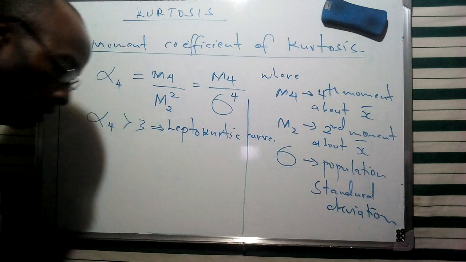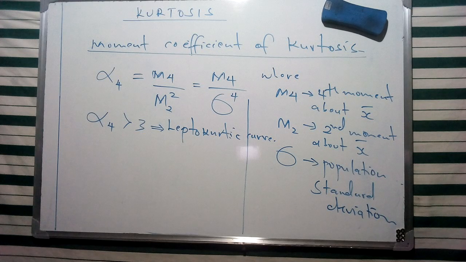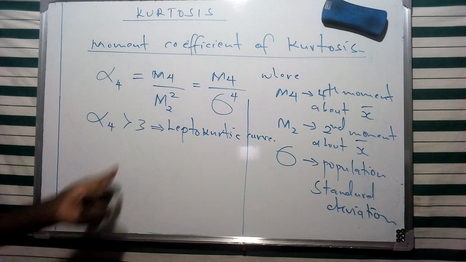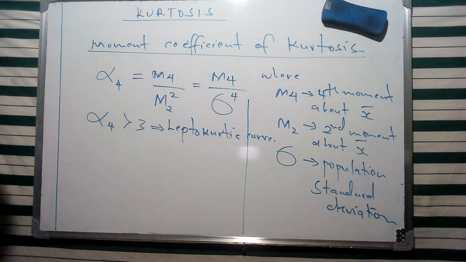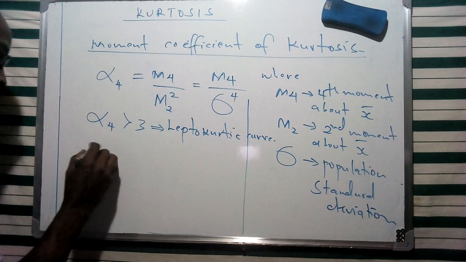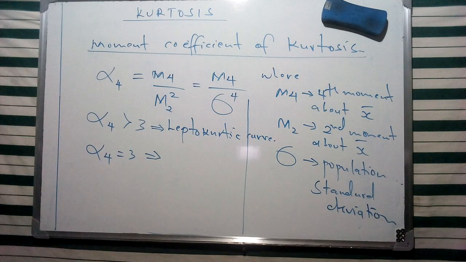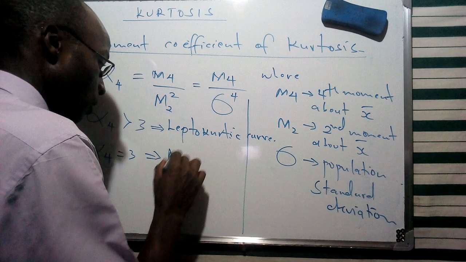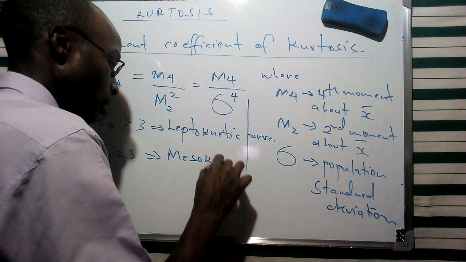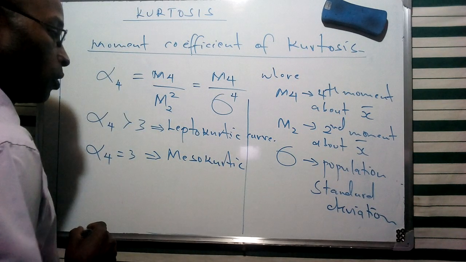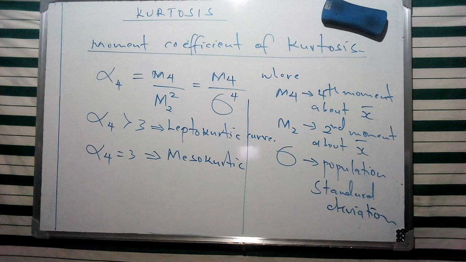And I'd say that for the leptokurtic curve, this is going to be a curve displaying the high peakedness characteristic. And in case we have the value of kurtosis equivalent to 3, then this is going to depict what we call a normal or a mesokurtic kind of distribution.